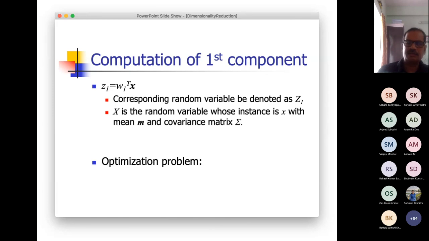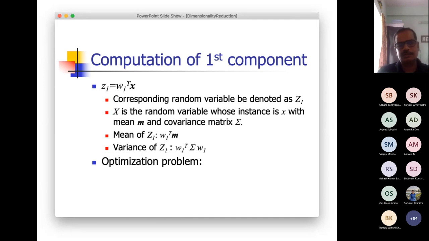I understand that you already know these things because we have gone through probabilistic inference, etc., where we have used these concepts. The mean of the projected point, since it's a linear operation, we can show is W1 transpose mu, right?